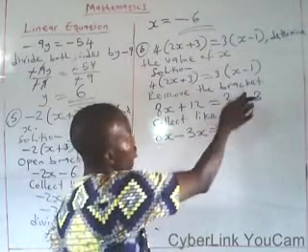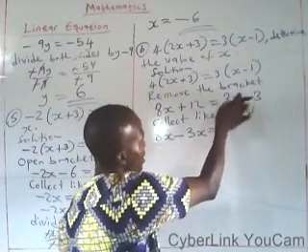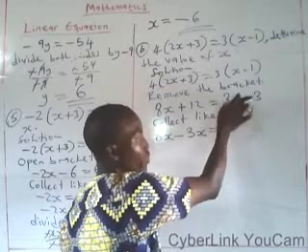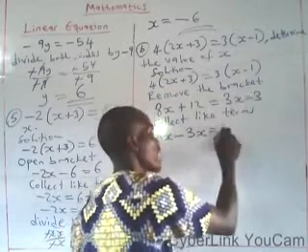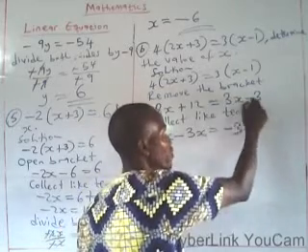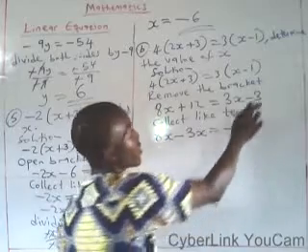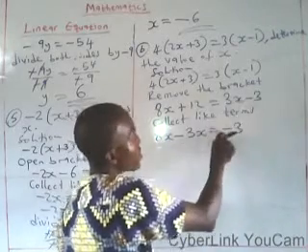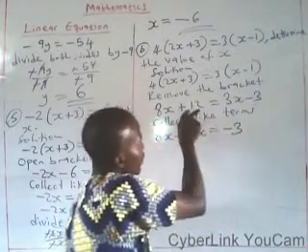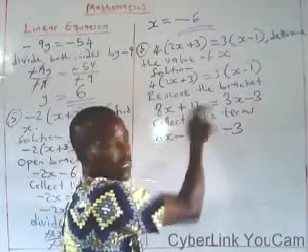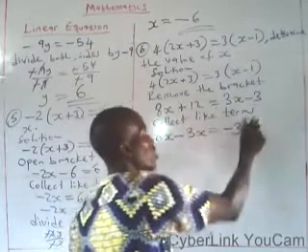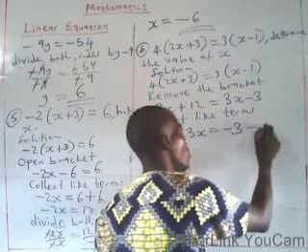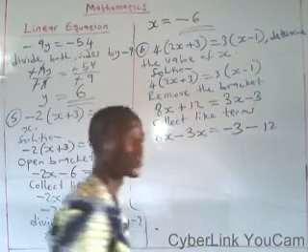Don't forget, when you lifted 3x away from this place, what remains at this particular side is minus 3. This particular minus 3 is what I bring down here. Now, this minus 3 is now outside, waiting for plus 12 to come. By the time this plus 12 crosses this equality sign to this other side, it is also going to change to minus 12.